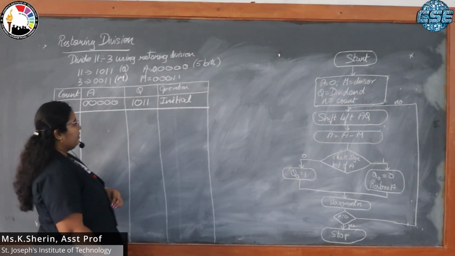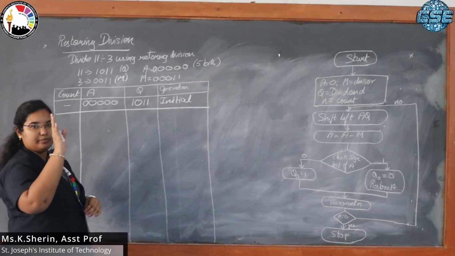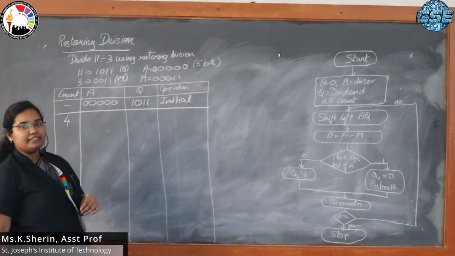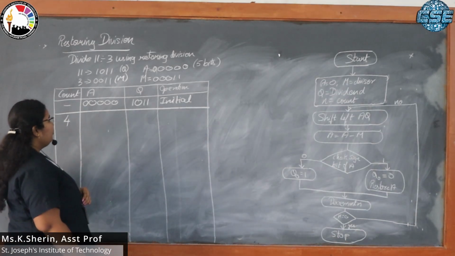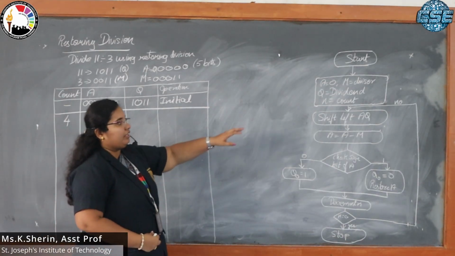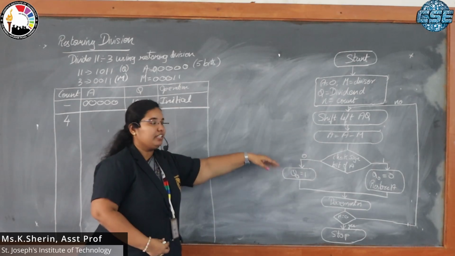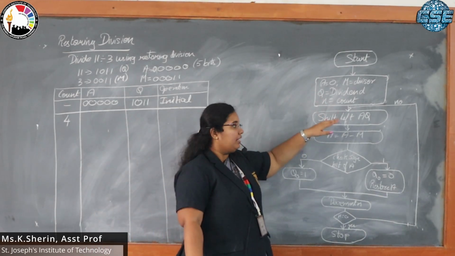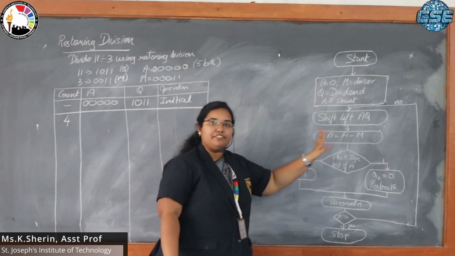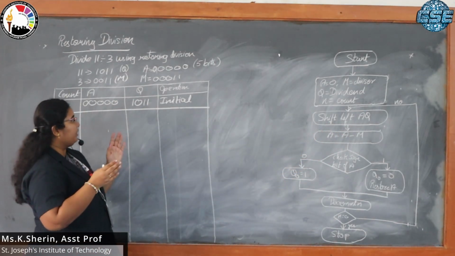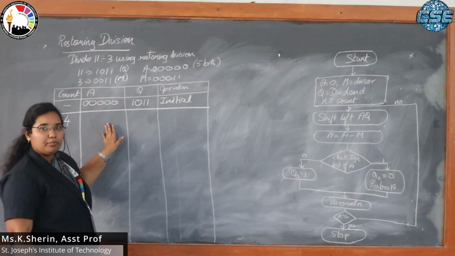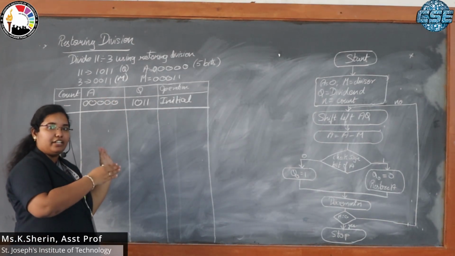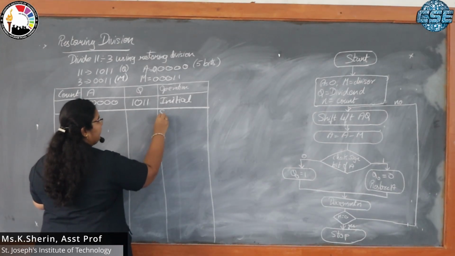So the first step I'm going to take here: since the N value is 4 bits, I'm taking my first count of iteration as the 4th iteration. In my 4th iteration, what is the procedure given in the flowchart? The flowchart gives an initial process start, goes to my initial step, and the next step is shift left of AQ. Here I am performing the remainder operation, A as well as Q, by shifting left.